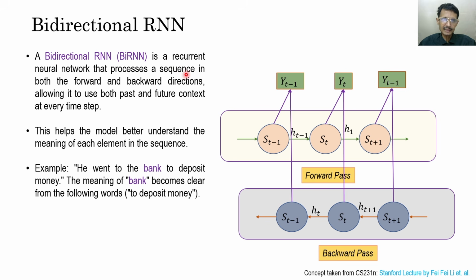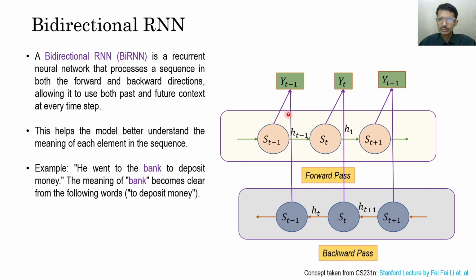So a bidirectional RNN processes a sentence in both the forward and backward direction, allowing it to use both past and future context at every time step. This helps the model better understand the meaning of each element of the sequence, particularly in this kind of application.